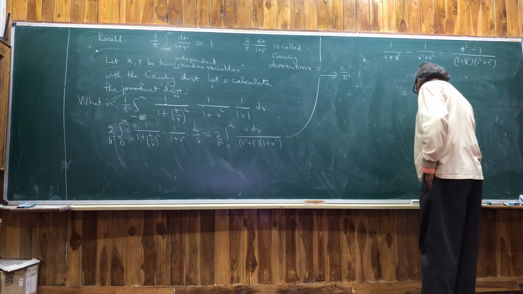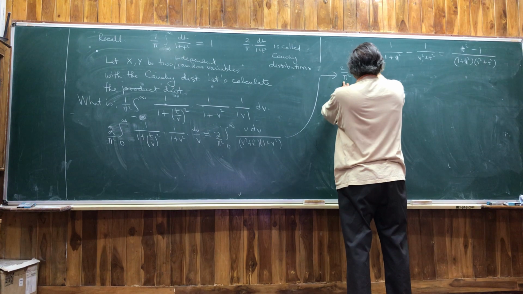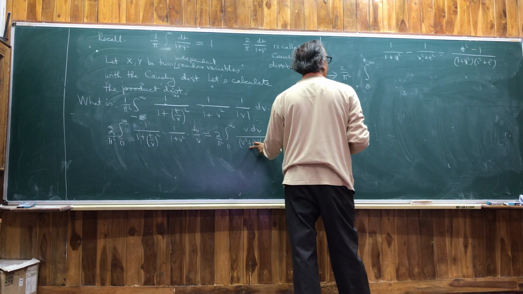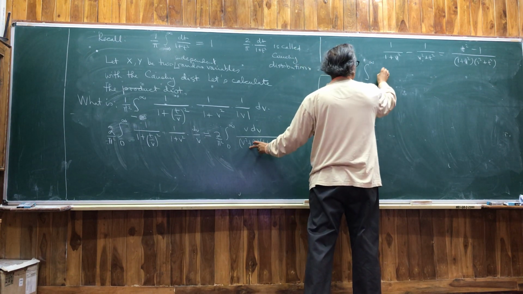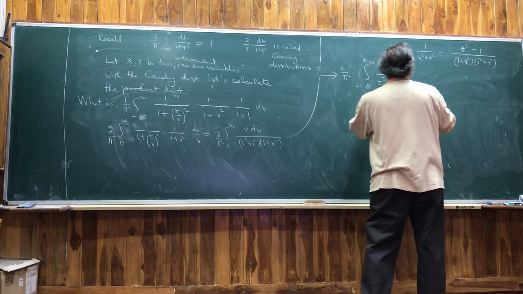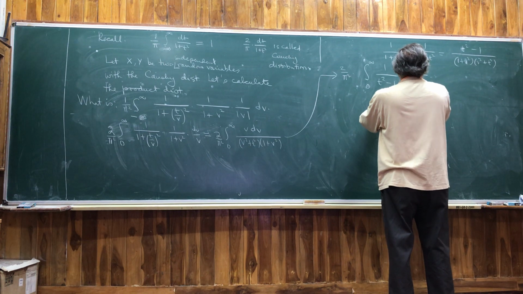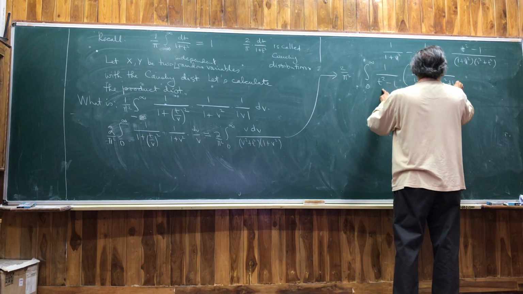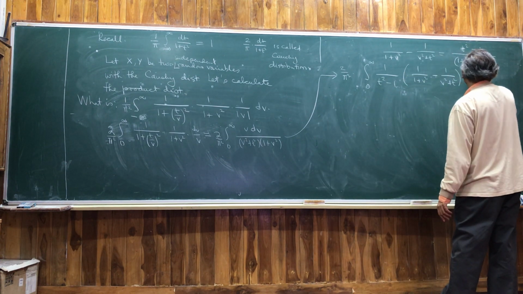So, the partial fraction: if I divide out by 1 over t squared minus 1, I can see that this is equal to 1 over 1 plus v squared minus 1 over v squared plus t squared, and there's a v at the top, v dv.